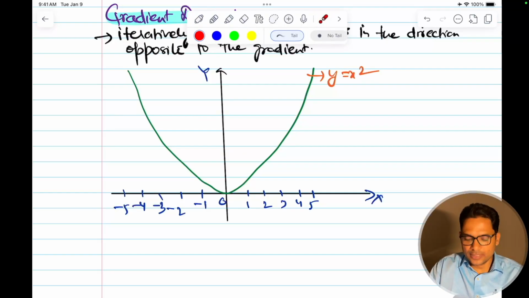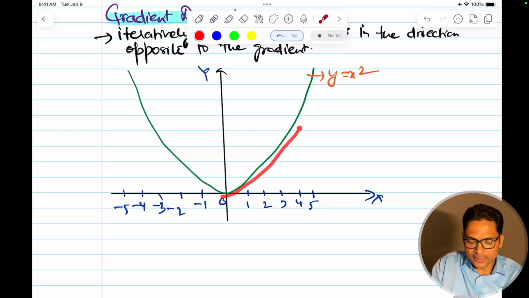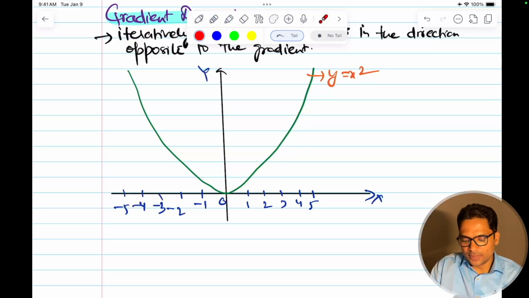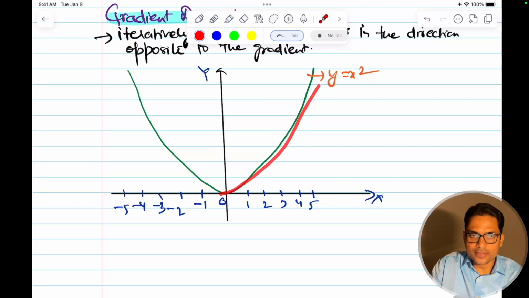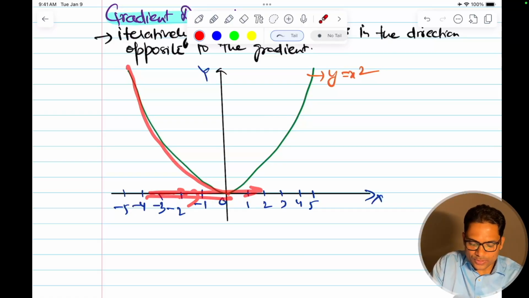If you see on this side of the curve, y equal to x square, as x is increasing, y is increasing, so the gradient is positive. And if you see on the other side, as x is increasing, x will always increase in the right direction, and y is decreasing, so the slope is always negative. It is changing, but it is negative.